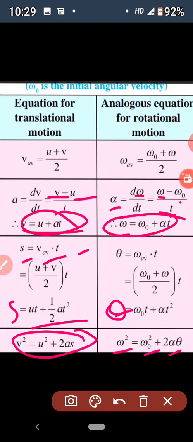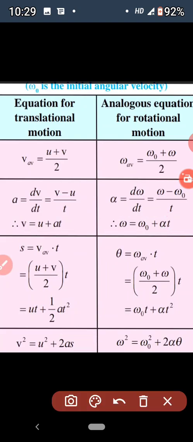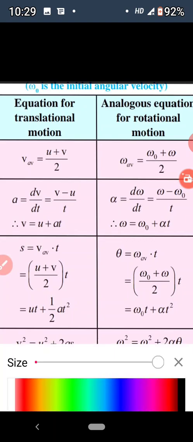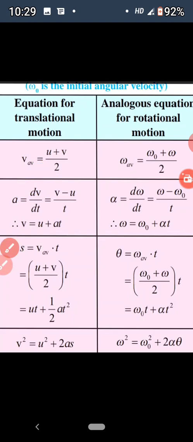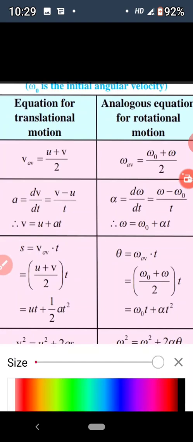In this way, these are the different physical quantities which we have compared, and if you see carefully, linear displacement s is analogous to angular displacement theta.